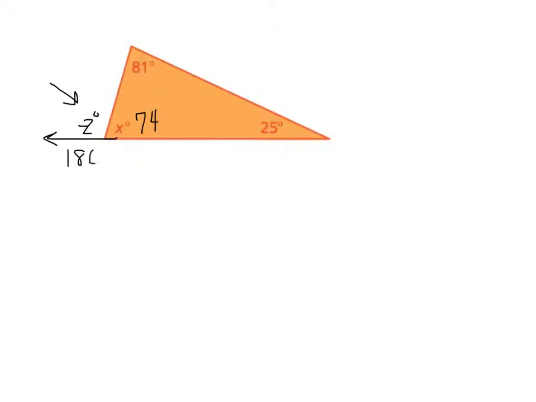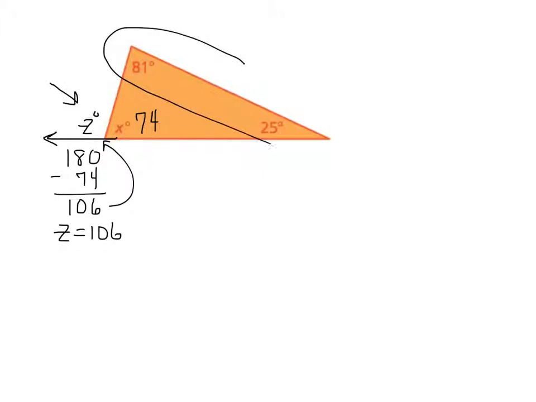So if I take 180 minus 74, that gives me 106. So we know Z is 106. Look at all of your angles and tell me if you notice anything. 81 plus 25 gives me 106.